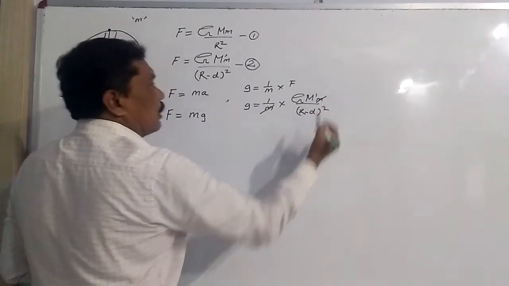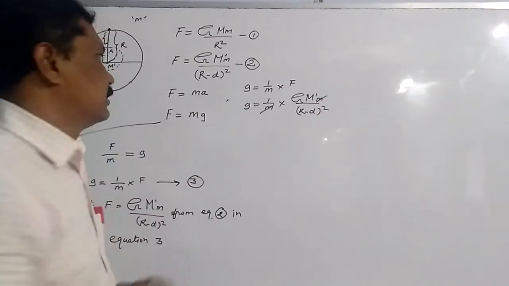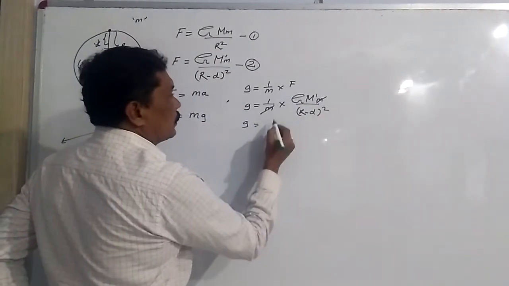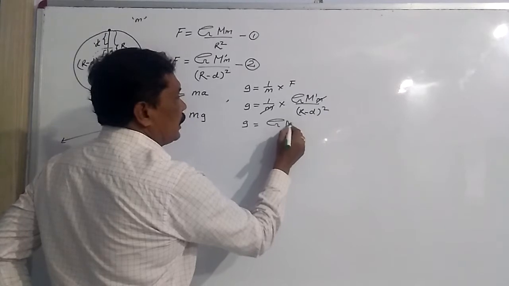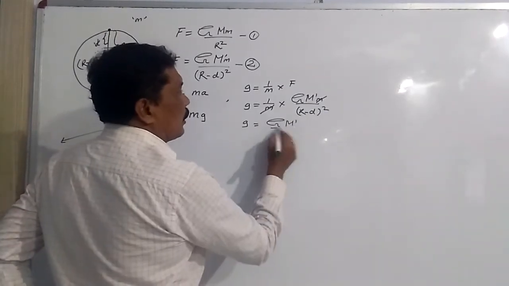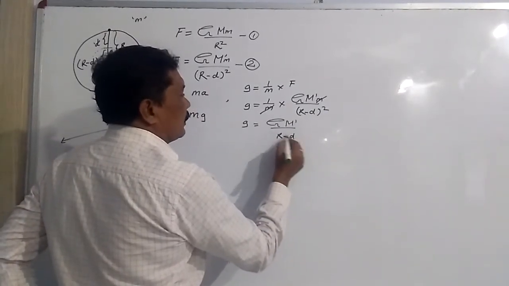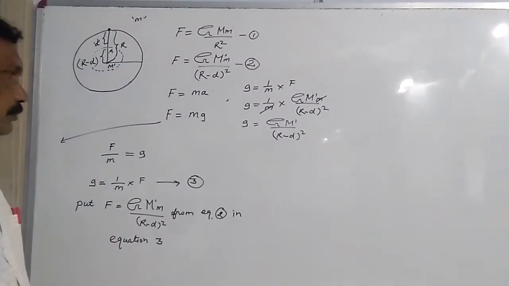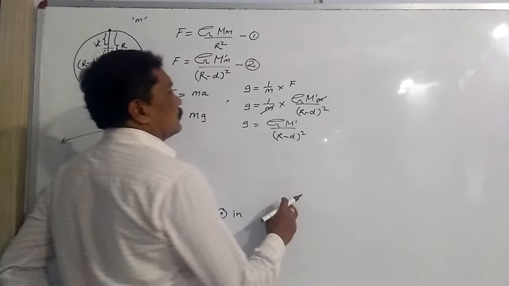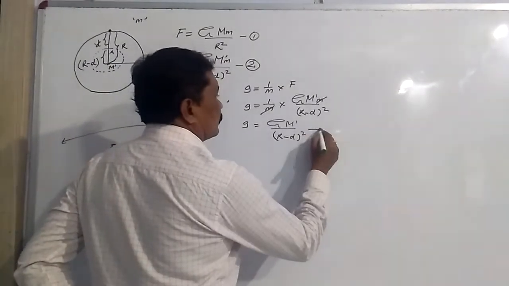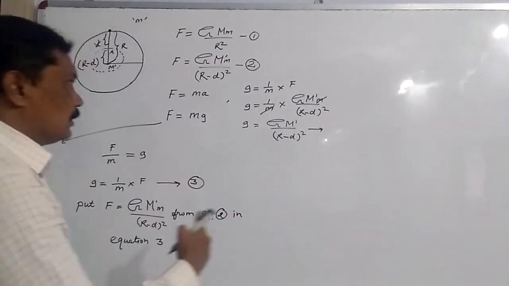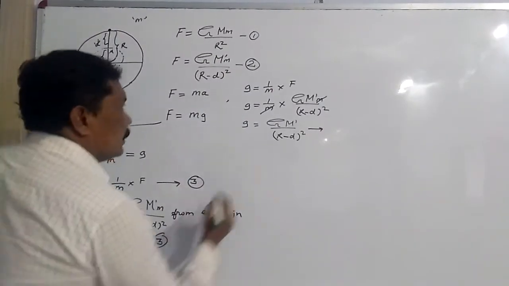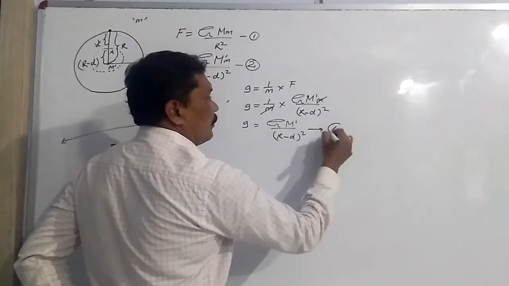Small m will get cancelled. g is equal to G M dash upon R minus D whole square. This will be equation 4.